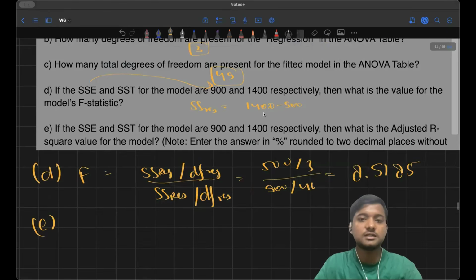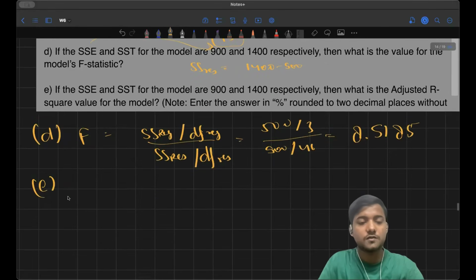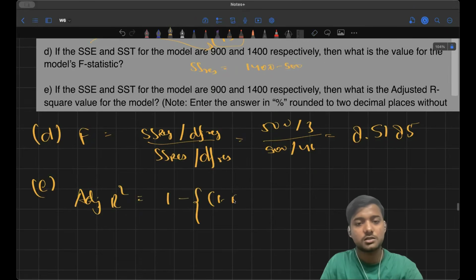Then we have another thing. The question says SSE and SST are this 900 and that same thing. Then what is the adjusted R square value for the model? So how do we calculate R square? First of all, for adjusted R square, we need R square, right? Let me write the adjusted R square formula. Adjusted R square is 1 minus (1 minus R square) times (n minus 1) divided by (n minus k minus 1).